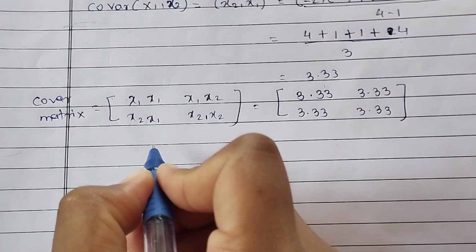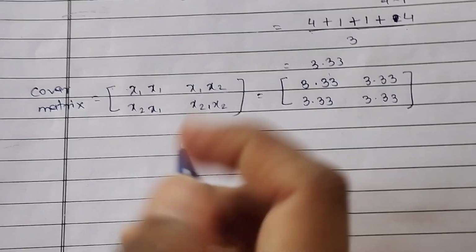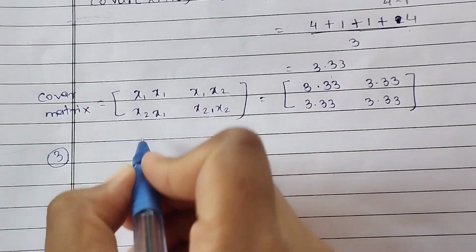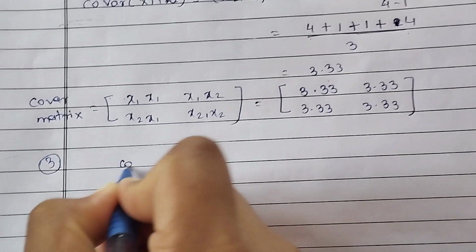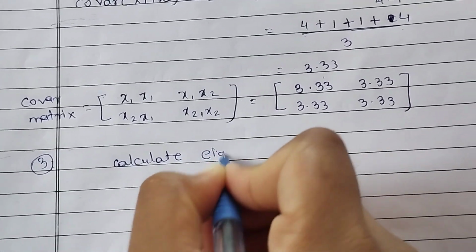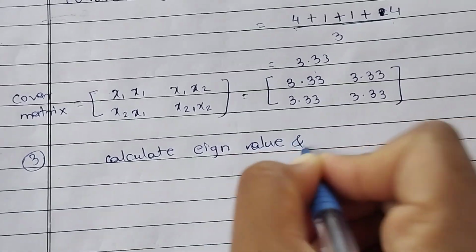Now, next, the third step: we find the eigenvalue and eigenvector. So step number 3, calculate eigenvalue and vector.